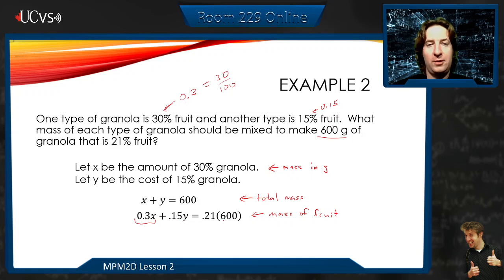And the total amount of fruit is going to be the total amount of granola multiplied by 21%, which is what we want, right? So this equation really tells me how much fruit I have. So we take our amounts and we multiply by our percents, and we end up with the amount of fruit. Now notice I'm just going to rewrite this as 126 because that's 21% of 600. So really I want 126 grams of fruit.